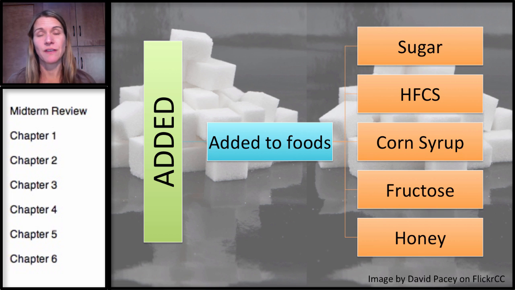And I always have to give my little side note to honey. Most honey in the United States is highly refined and is no better than table sugar, than the sugar here.